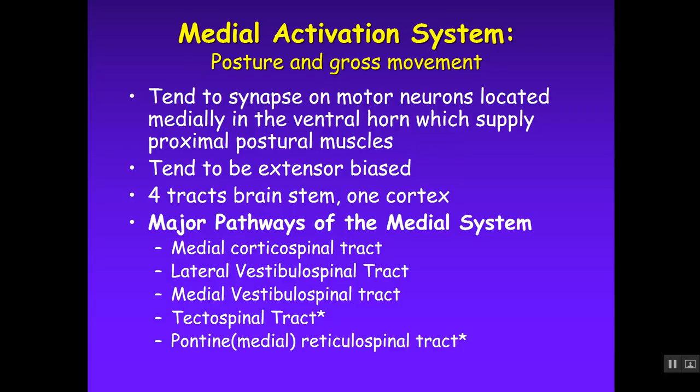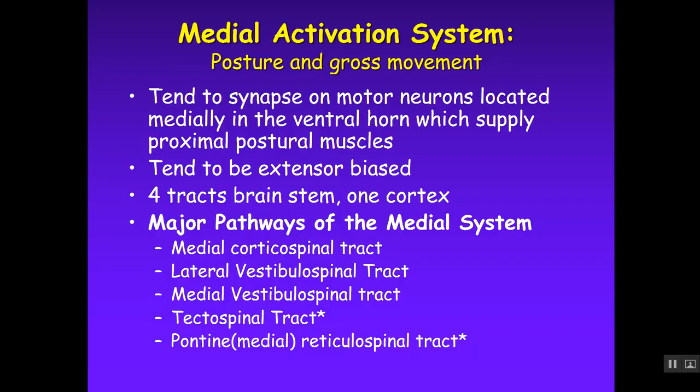So let's start with the medial activation system, also known as the posture and gross movement system. These are descending pathways that, as a group, tend to synapse on the motor neuron pools located medially and ventrally in the ventral horn, which tend to supply proximal postural muscles and tend to be extensor biased.